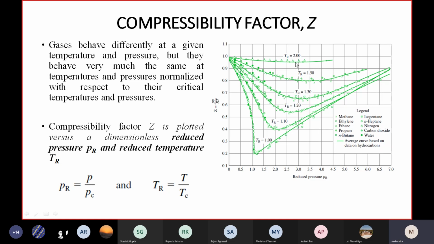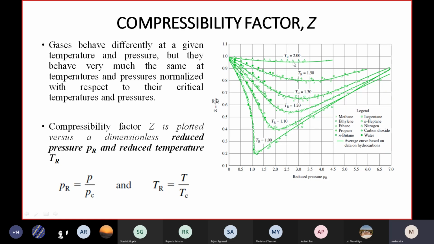The second point is at higher TR, at higher temperatures. At higher temperatures, irrespective of the pressure, the gas behaves like an ideal gas.